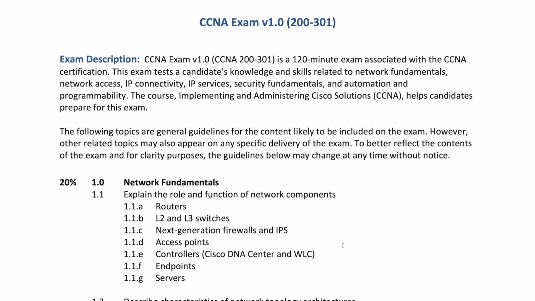But the overall network fundamentals we have covered: routers, switches, the firewall, also the endpoints and the servers, and how exactly they are connected. I hope you guys like this. This is the main part of the CCNA exam. As we move forward with the lecture, we keep on covering most of the stuff.